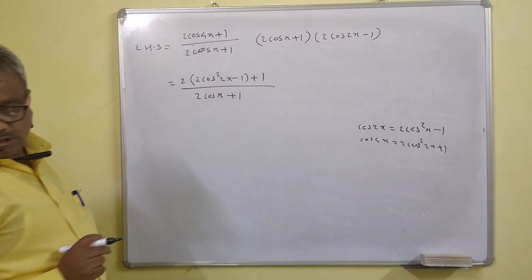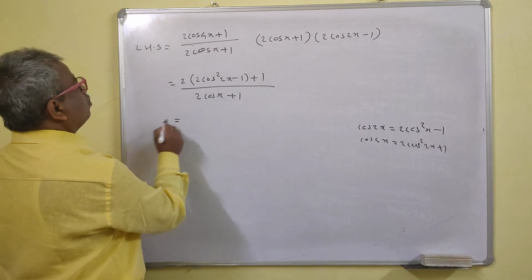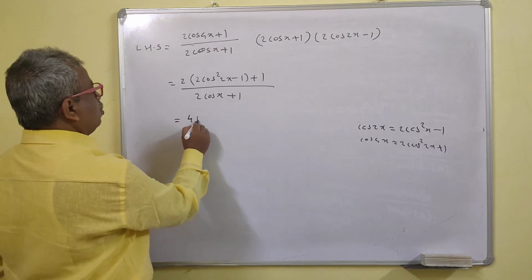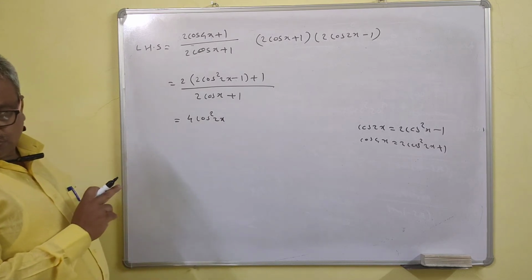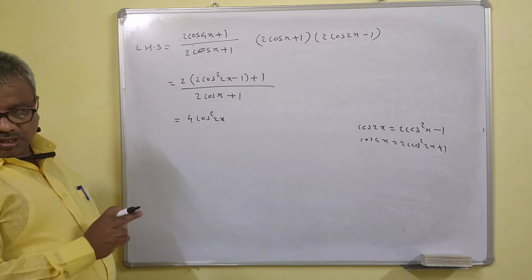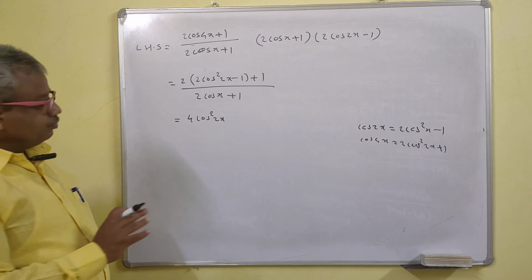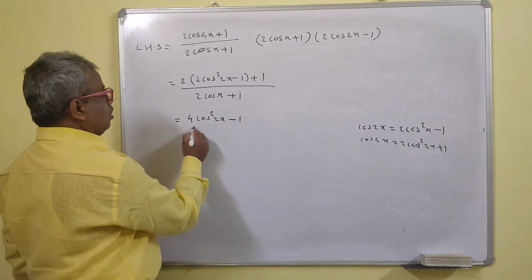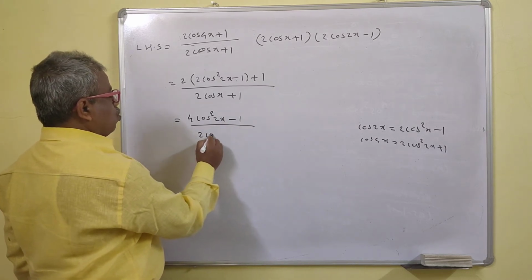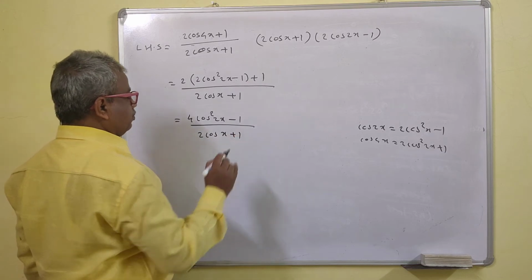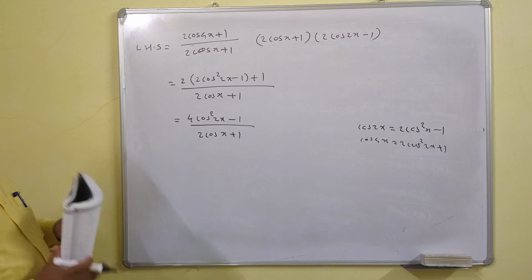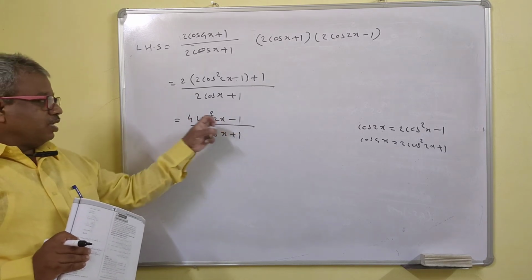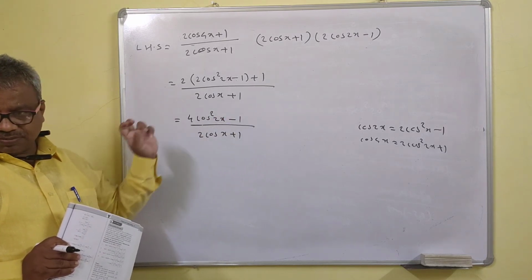Okay, so now simplify your numerator. Your numerator is 4 cos square twice x, minus 2 and plus 1 is minus 1. Right? Now this is minus 1 upon 2 cos x plus 1. Now see, this is of the form a square minus b square.